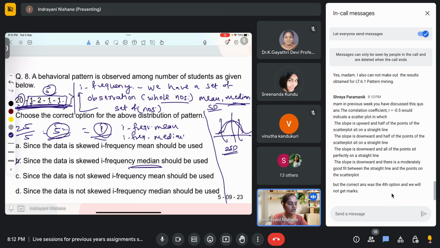You agree with that? If the SD value is way higher than the mean value, that means our data is not normally distributed, so it is skewed. It could be skewed to the left, it could be skewed to the right. We can't tell unless we look at the data. So in such cases we are supposed to use the median. Okay, so I'm again asking you, what was your exact doubt?